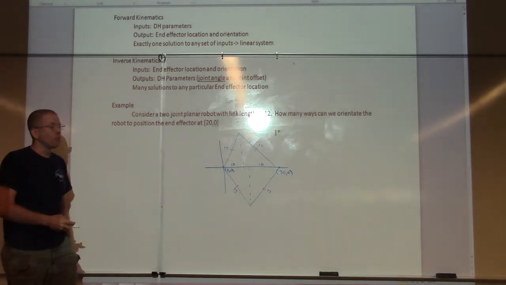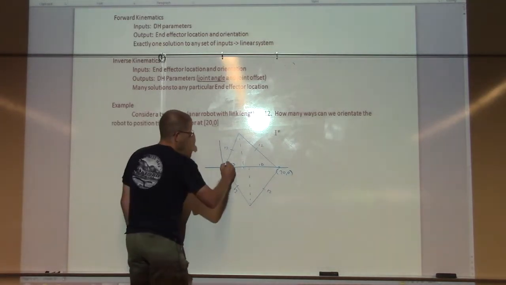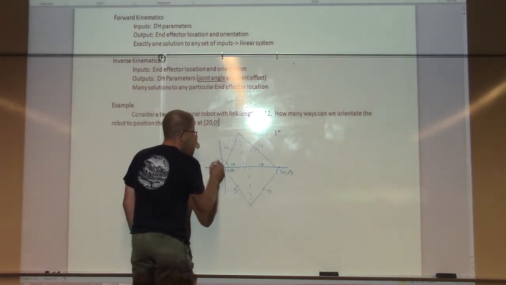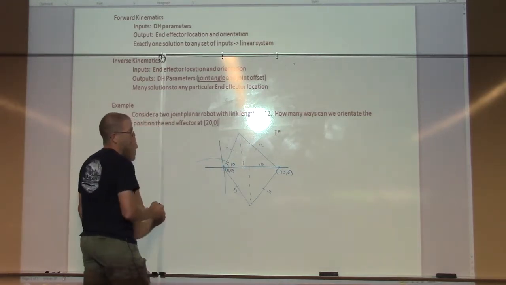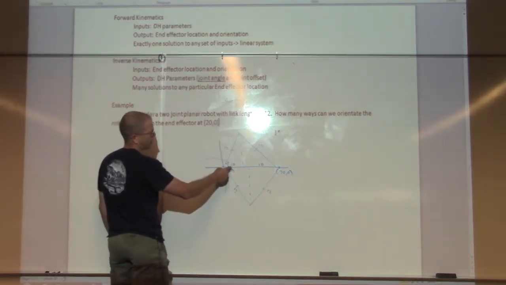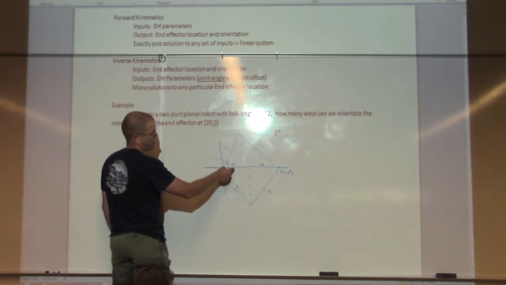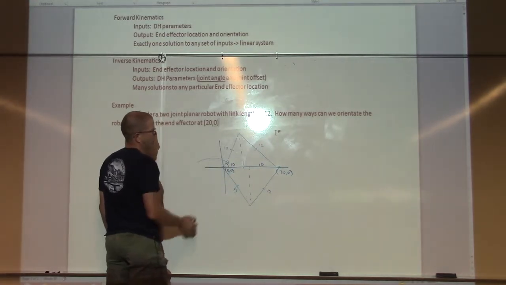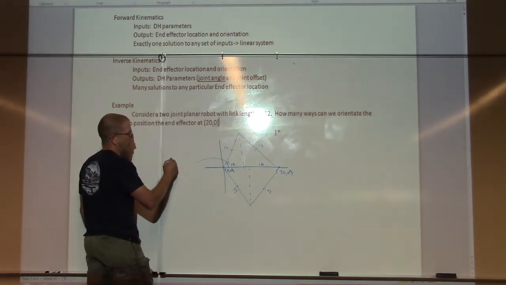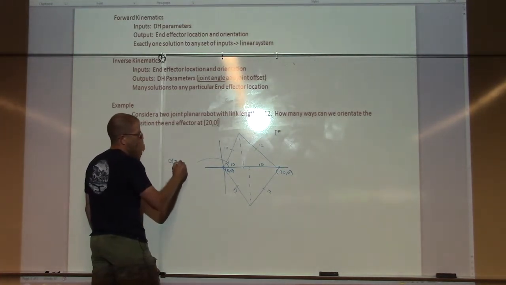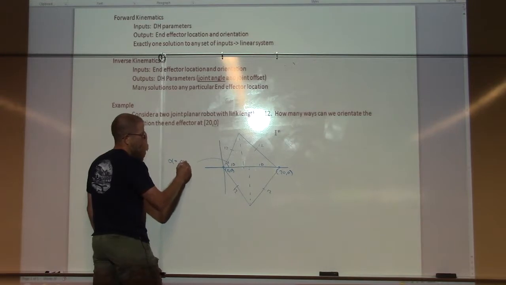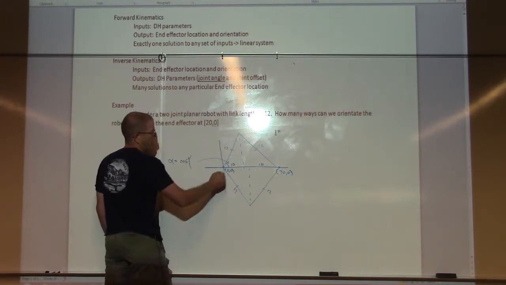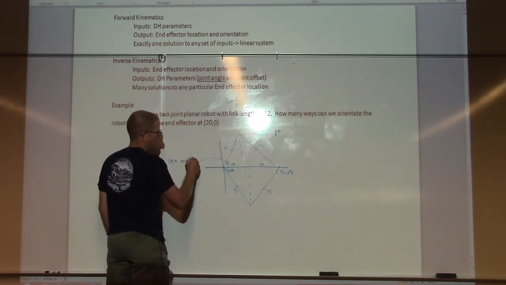Okay. With that being said, we can find either of these base angles by applying one of the trig relationships. In this case we have the adjacent side and the hypotenuse. Therefore we can find the angle alpha by taking the arc cosine of the base to the hypotenuse.